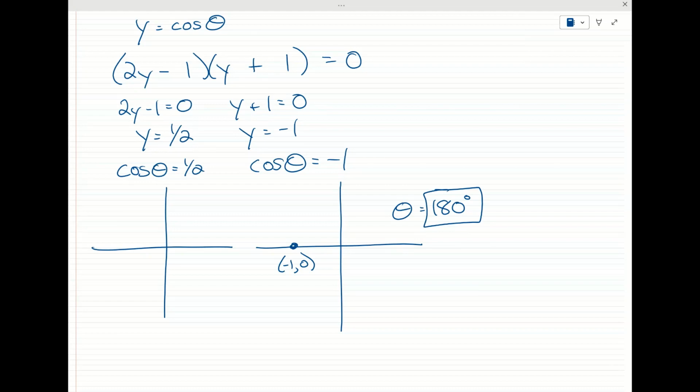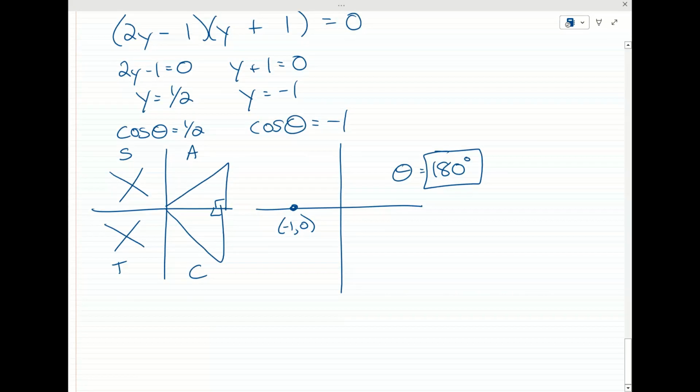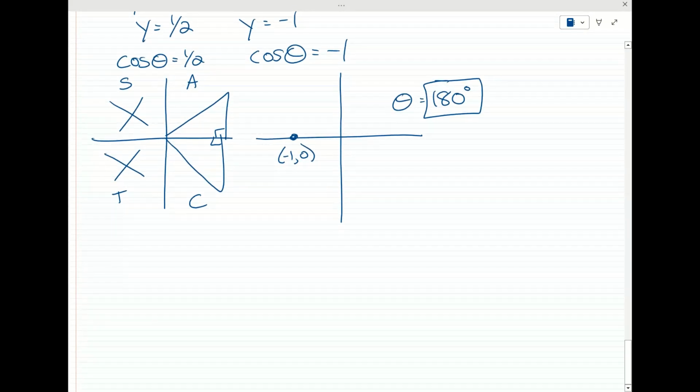Cosine of 1/2, well, that's a positive answer. So we're going to have all students take calculus. We can't draw it here or here because cosine has to be positive. And 1/2, I remember that comes from our 30, 60, 90 triangles. Cosine of 1/2 would have to give us a 60-degree reference angle.